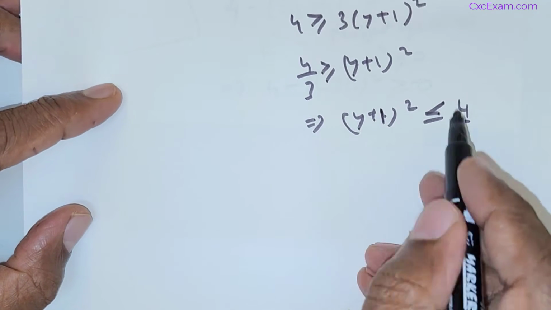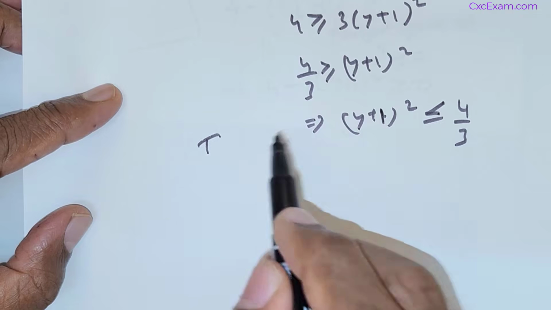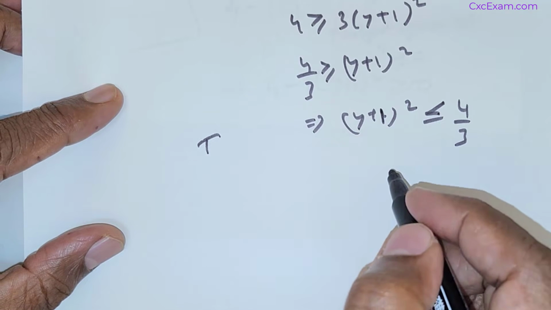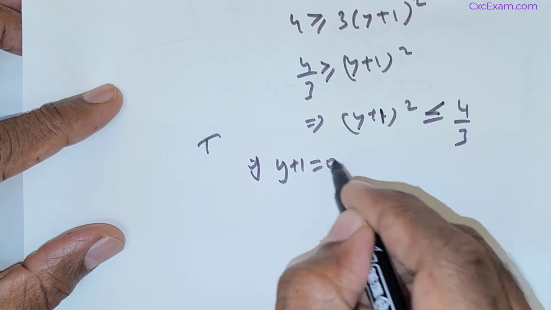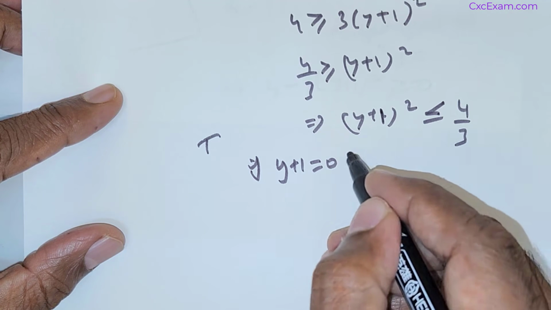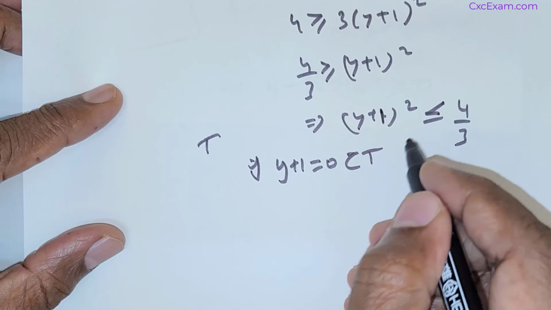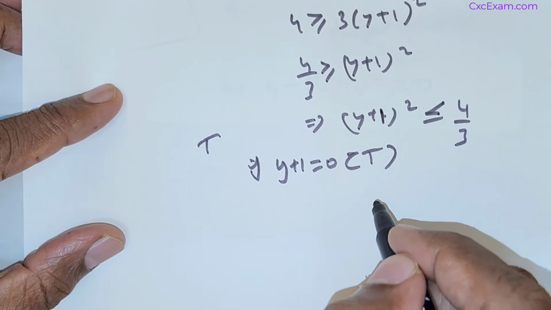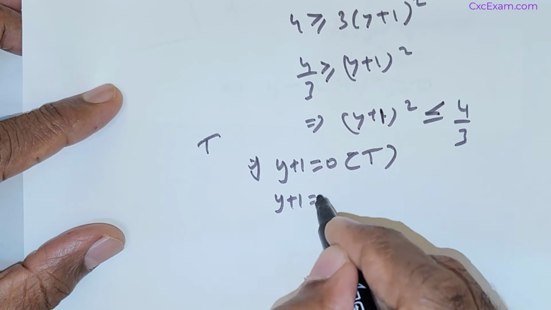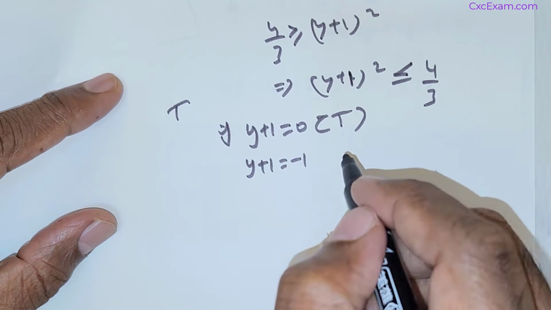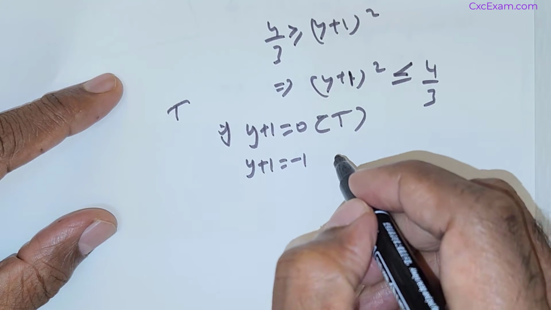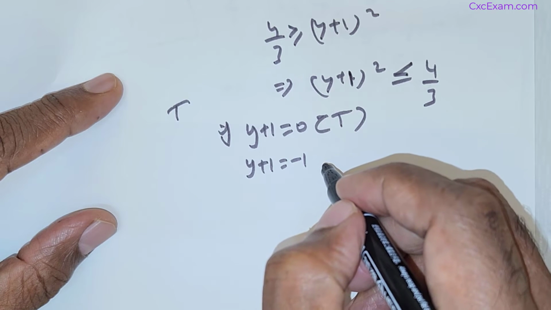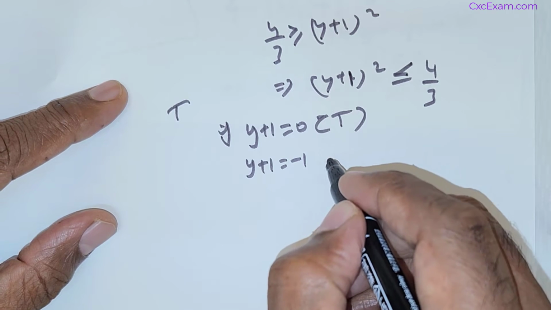Now this statement or this system is true only for a certain set of values. Now if y positive 1 is equal to 0, then this system is true. Now if y positive 1 is equal to negative 1, right, if you substitute negative 1, then is the system true?